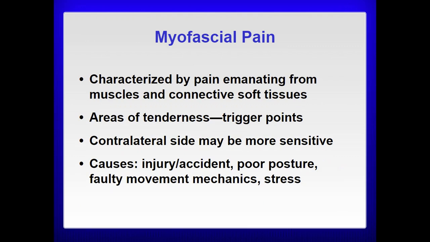Then we have this thing called myofascial pain syndrome. It's pain from muscle and connective tissue, usually associated with parts of the spine, cervical or lumbar, and it could occur anywhere along the body. It's not really well understood.